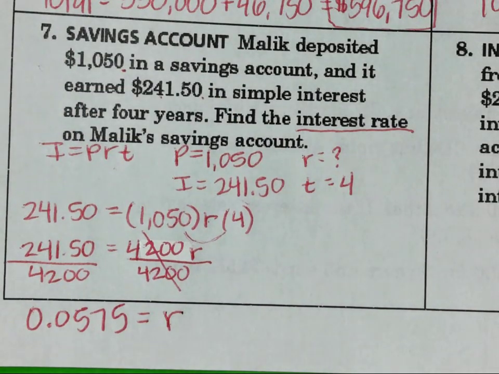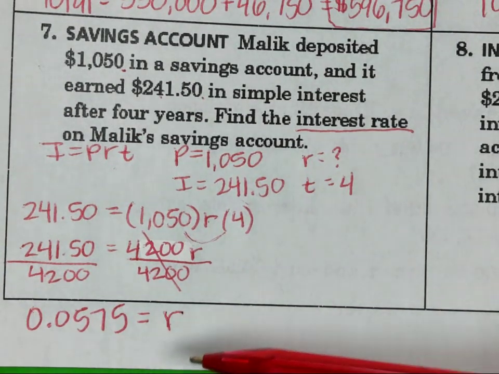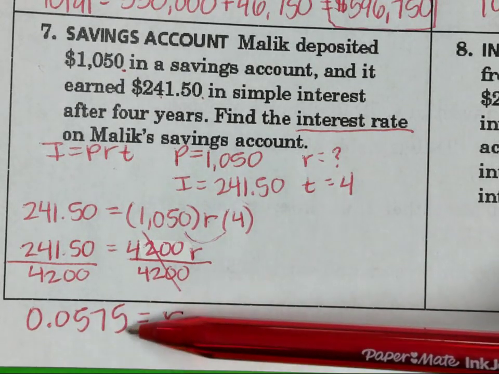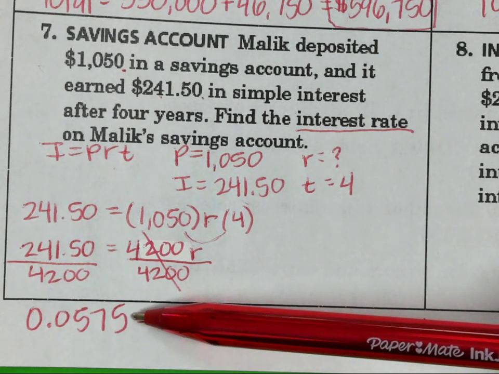What does my R always have to be in? Decimal, but it's always given to me as a what? As a percent. So in this case, I've got to change this decimal into a percent.